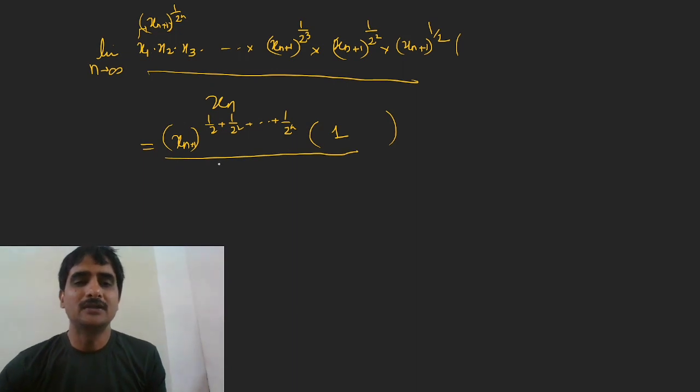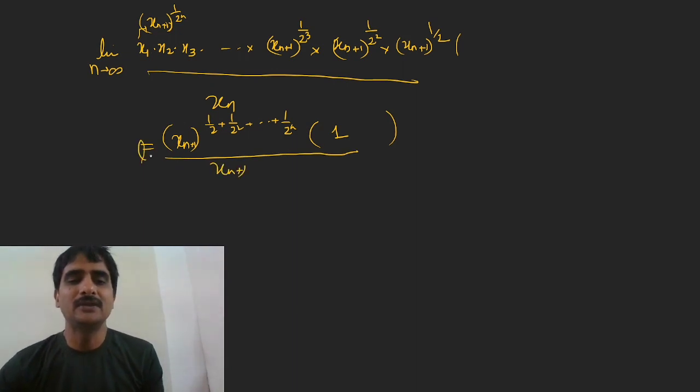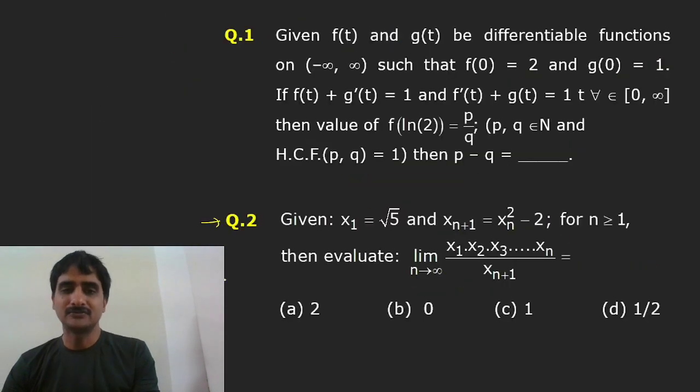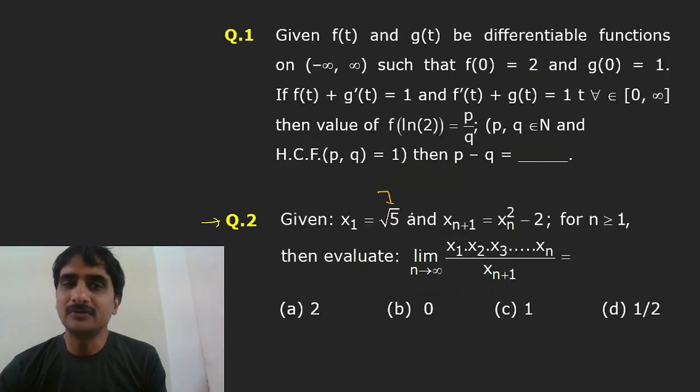Then this is xn plus 1, limit n tends to infinity. This is an infinite GP whose sum is 1, everything gets cancelled and the answer is 1 here. Okay, so that was another question for the day, which was based on limits.